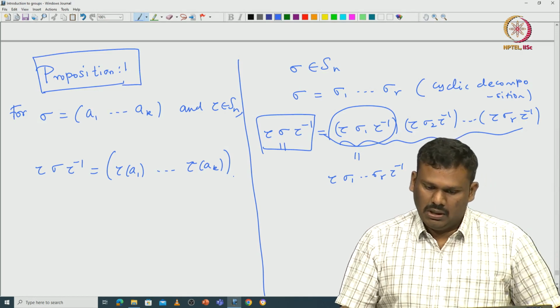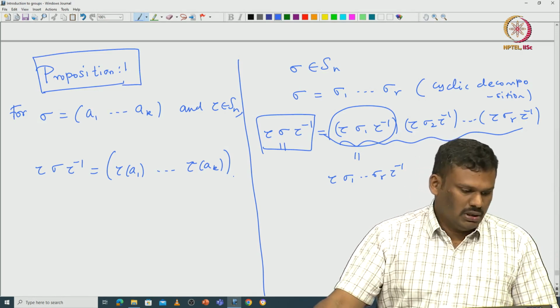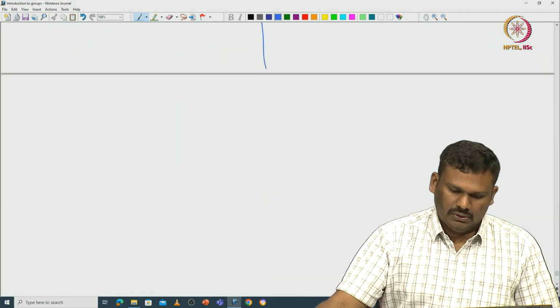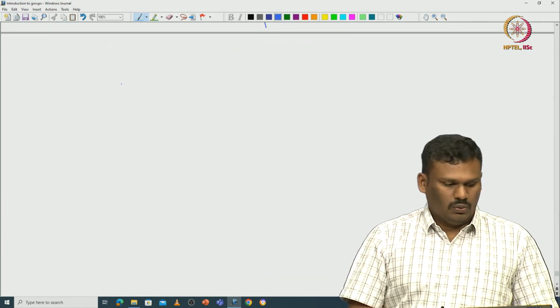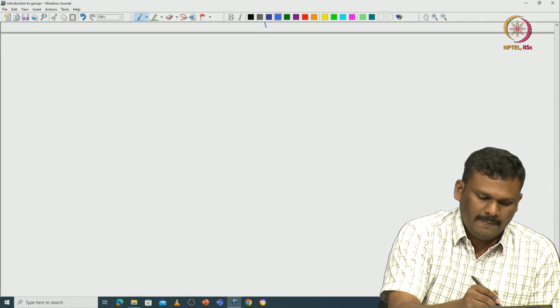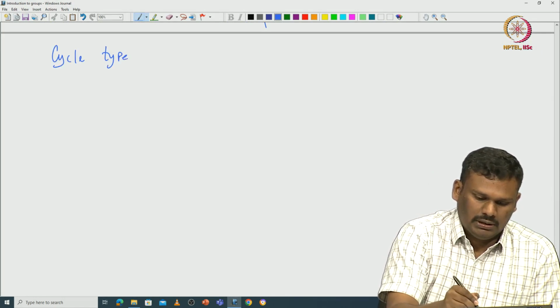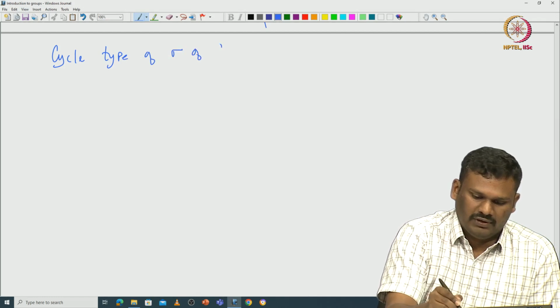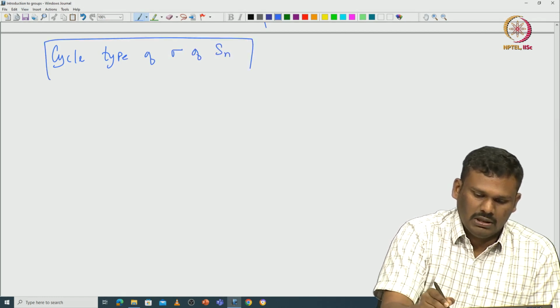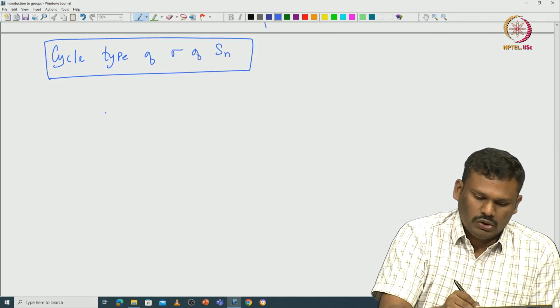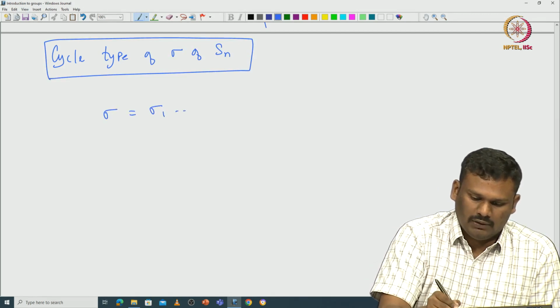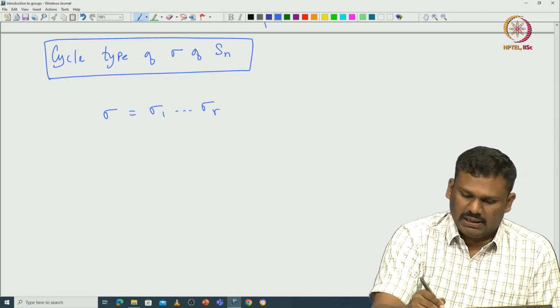Now once we know this proposition, it is not hard to state a characterization for conjugacy of elements of S n. Let me just write it down. Before that, we need to write down what is called the cycle type of sigma in S n. So you write sigma as a product of disjoint cycles.